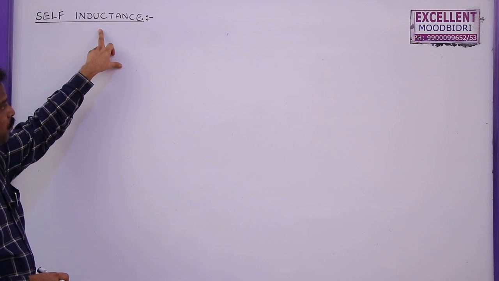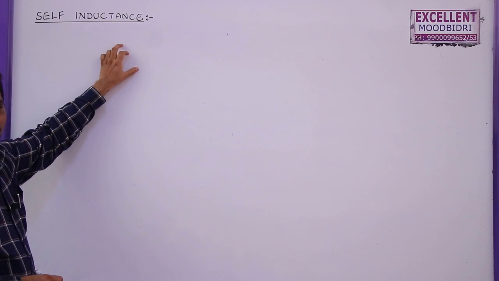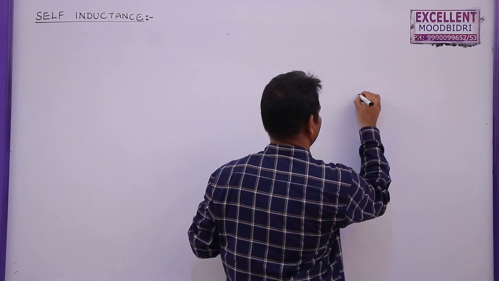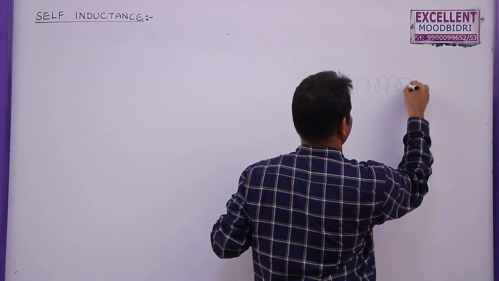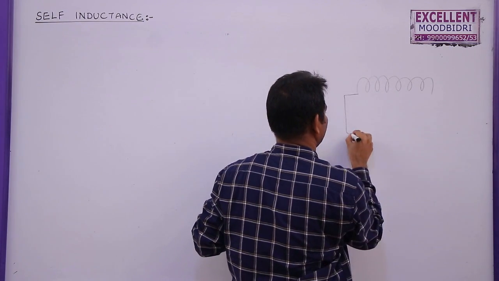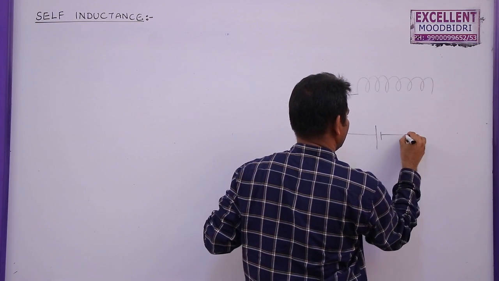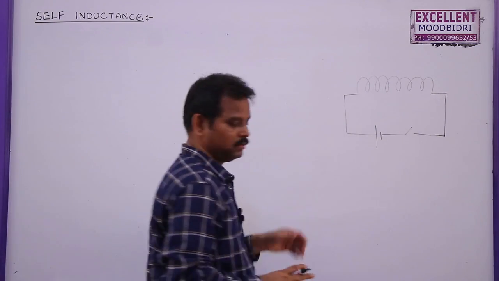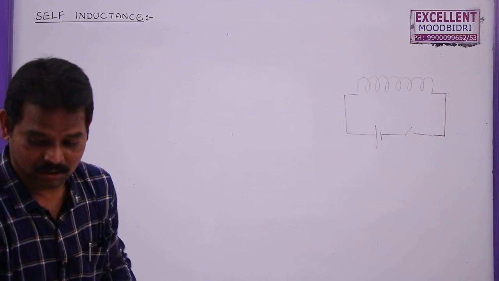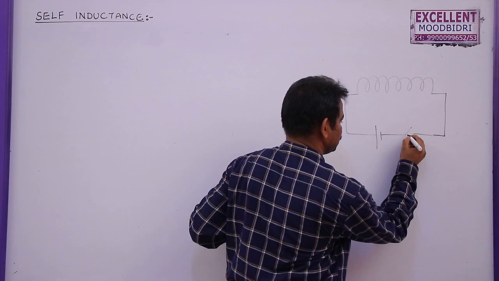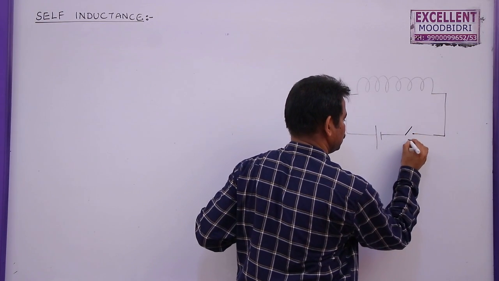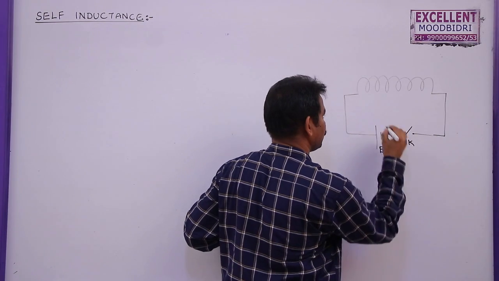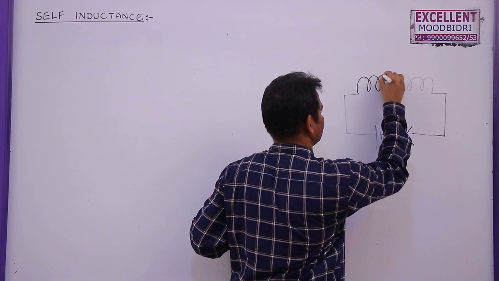Self-induction. The property of a coil that opposes the growth or decay of current in it is called self-induction. So now let me take one coil here. This is a coil which is connected to a battery with the help of a key here. Now in this coil here, this key is open. This is key, this is battery, and this is the coil.